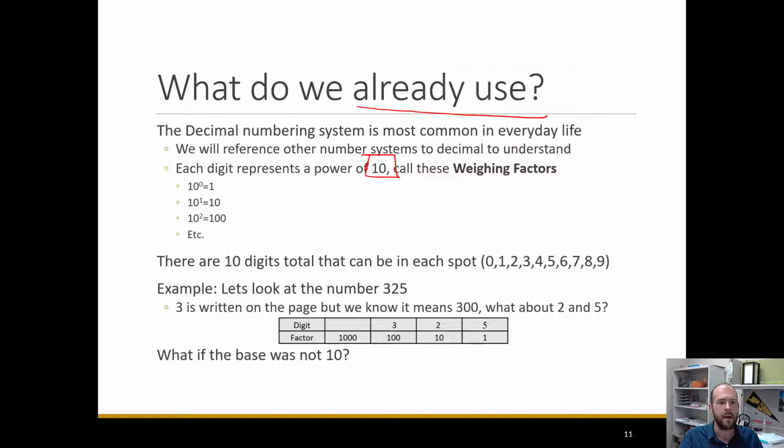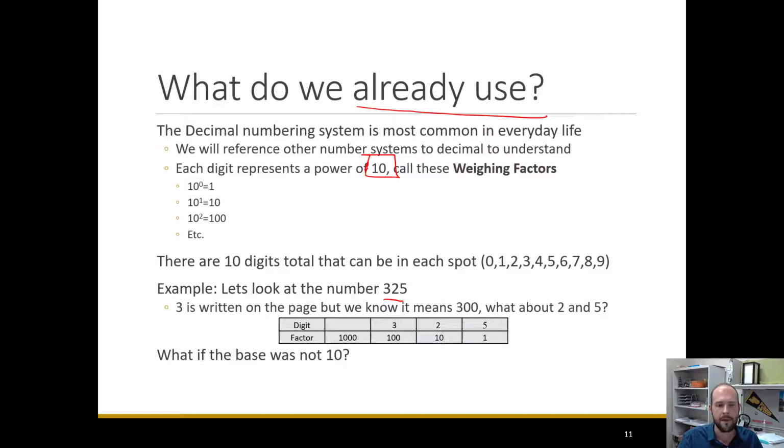For example, if you have the number 325, as written on the page, it's a 3, it's a 2, and it's a 5. But we know because of their order, the 3 means 300, which is 10 squared. The 2 means 20, which is 10 to the first power.